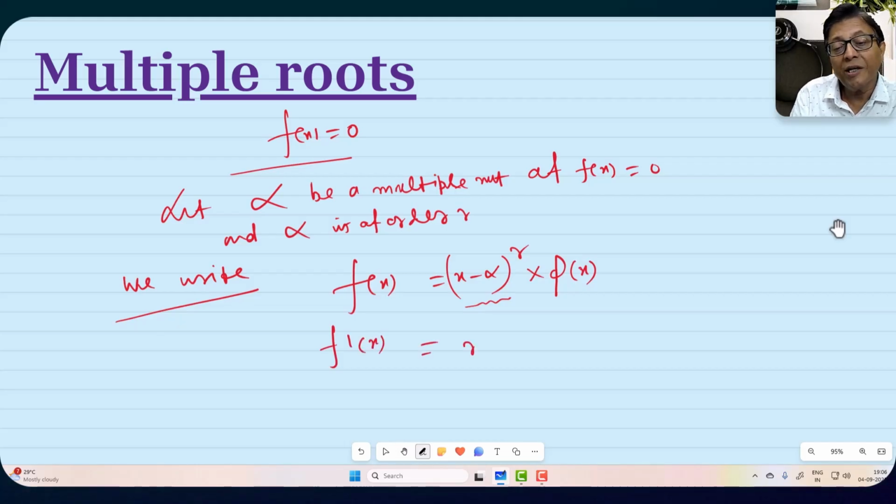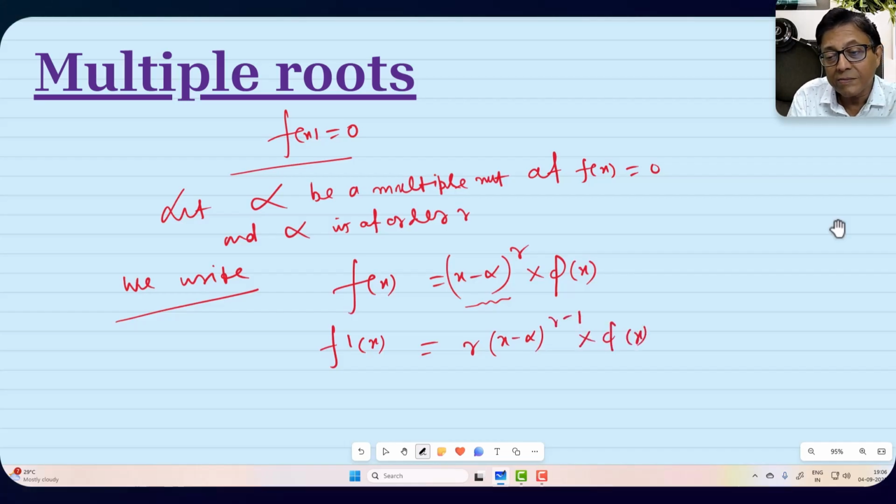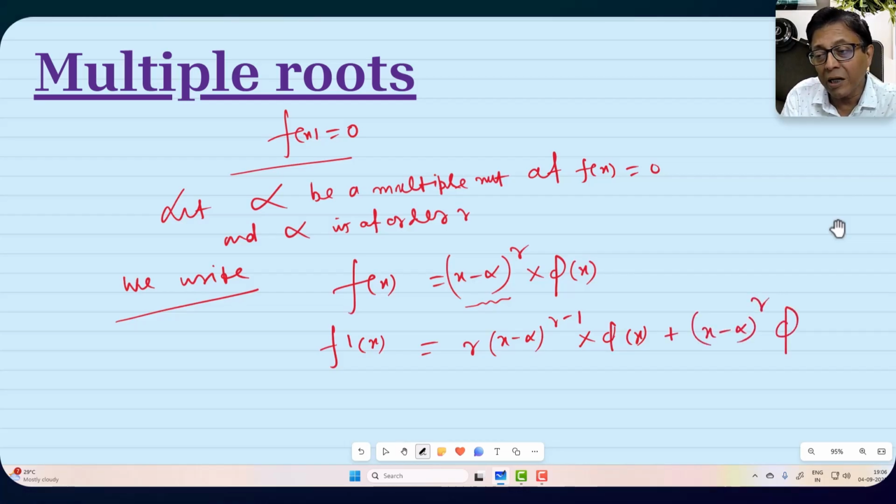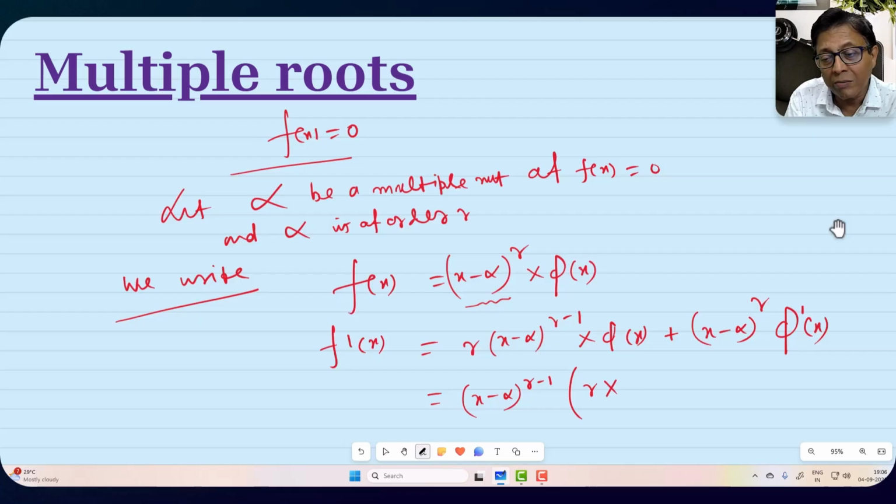This is going to be r(x minus alpha) to the power r minus 1 into phi(x), plus (x minus alpha) to the power r multiplied by phi dash x. So take (x minus alpha) to the power r minus 1 common.